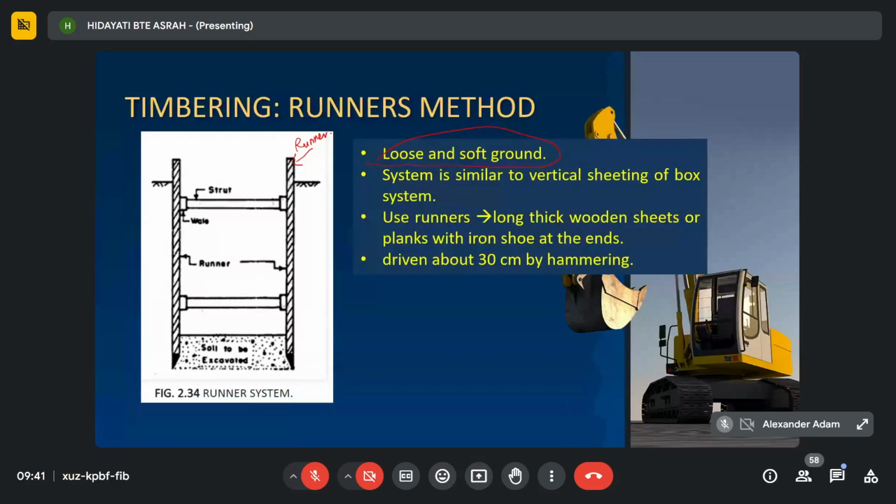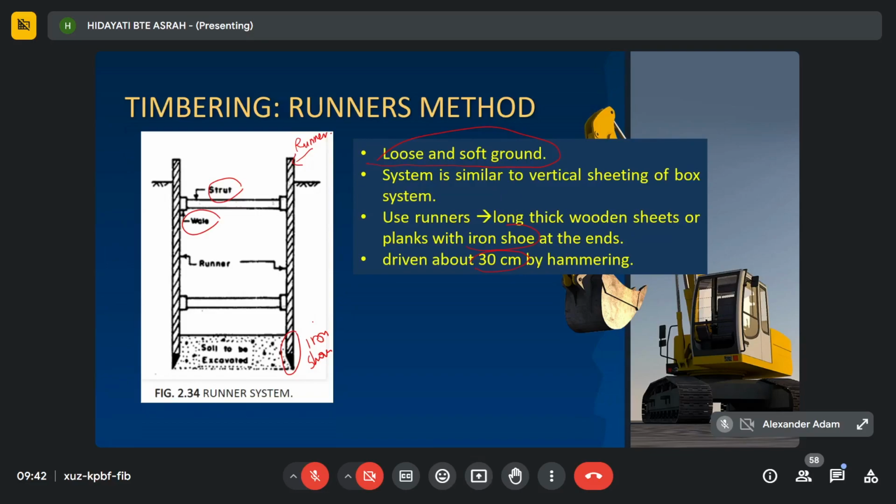Here are the iron shoes of the runner. And then we also use struts and wales. The runners are driven into the soil about 30 centimeters. So this is the runner method for loose and very soft soil.